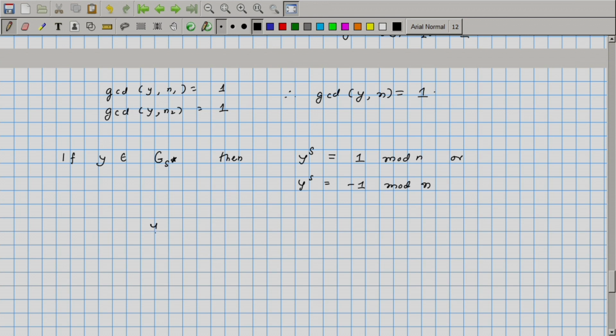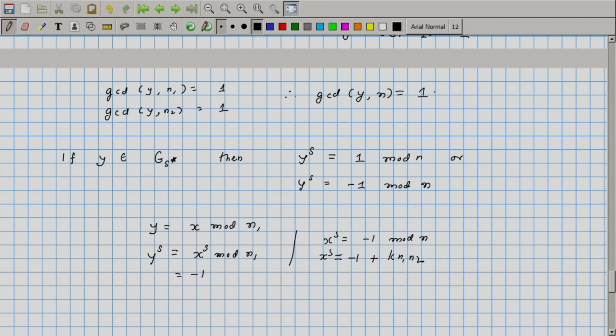But our y has this property that it is equal to x mod n1. So, if you take y raised to s, that will be x raised to s mod n1 and this has to be equal to minus 1, because x raised to s is equal to minus 1 mod n. So, x raised to s is equal to minus 1 plus k times n1 n2.